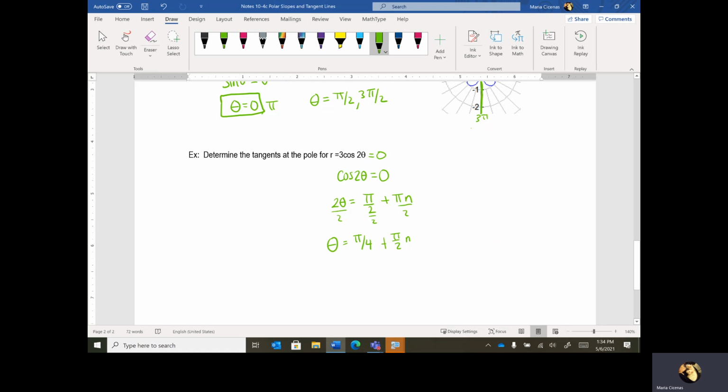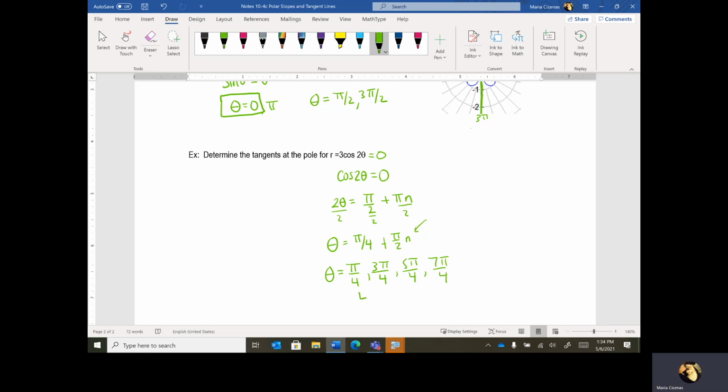Depending on what you're doing, you don't necessarily know how many of these you would need, but let's see, what would our various angles be? Pi over 4 when n is 0, when n is 1, we'd have 3 pi over 4. When n is 2, then we'd be adding pi, so 5 pi over 4, and then 7 pi over 4.